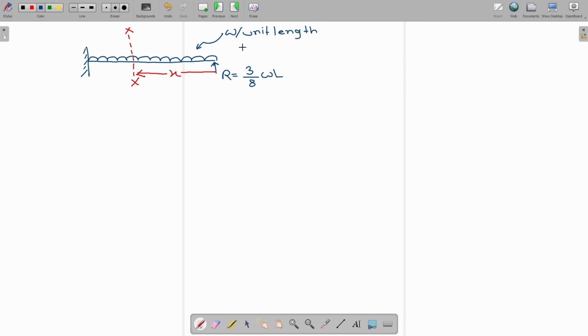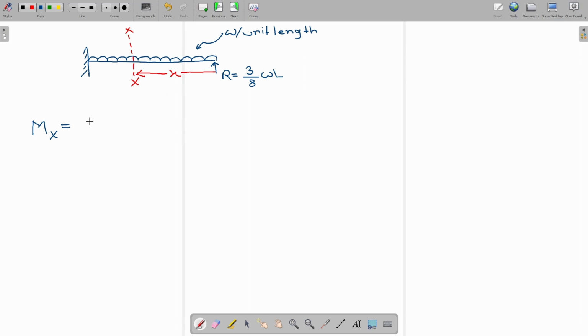Okay. So I'm going to write Mx, that is bending moment at section X, is equal to, this is in the anti-clockwise direction and this is in clockwise direction.